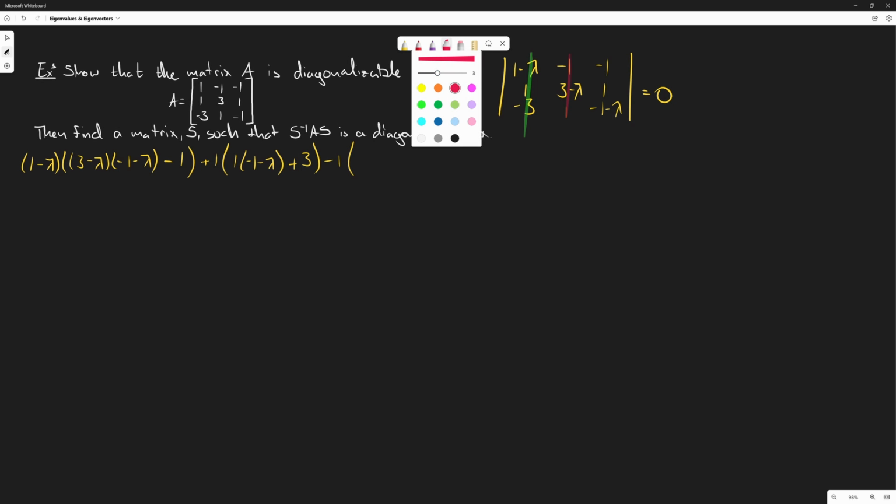This is going to be the last one, so this would be 1 times 1, it's 1 minus negative 3 plus 3, 3 minus lambda, and this is all equal to 0.